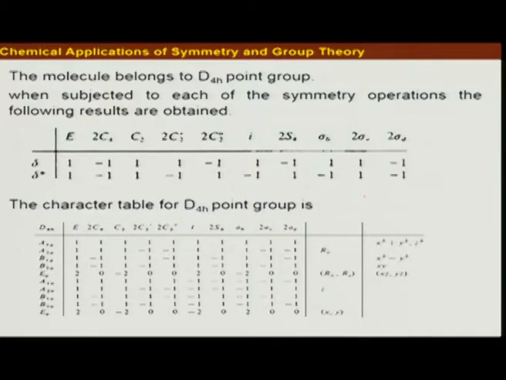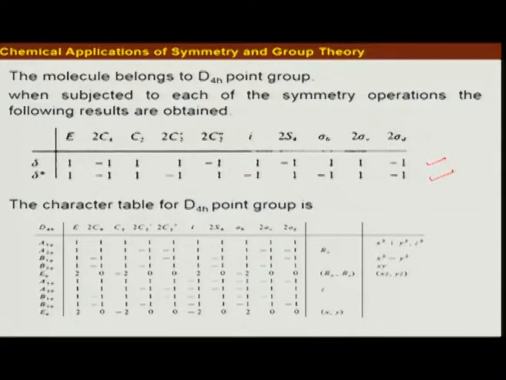Once we operate all the symmetry operations on these two orbitals, delta and delta star, we get representations as this. Now, we have to consult the character table of the D4h point group.